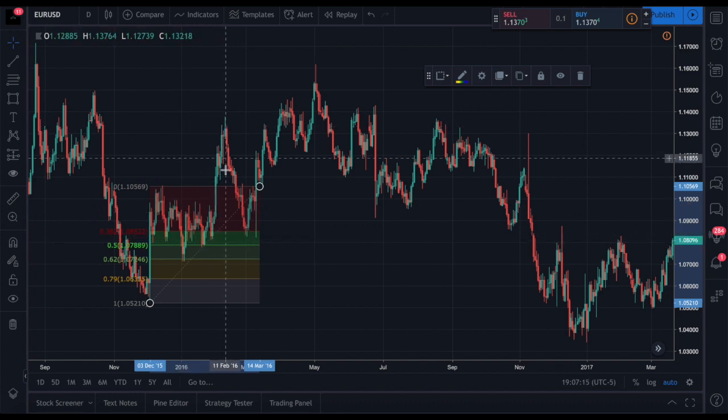Boom. We see the impulse move higher out of this range, this consolidation here. If you guys remember my previous video, this is the accumulation, distribution, unload, rebuy, distribution.